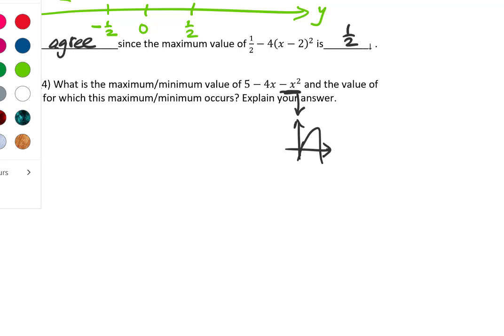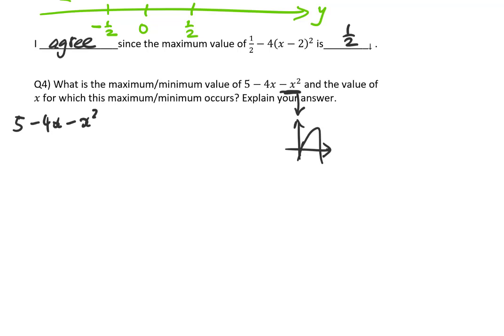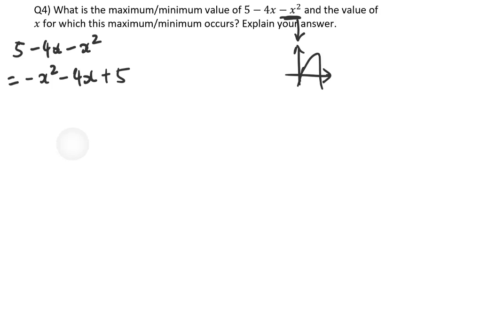So you can start completing the square. Okay? The way I complete the square is different. It's in my previous video. Okay? So I rearrange it first. Completing the square can allow you to find your maximum or minimum.